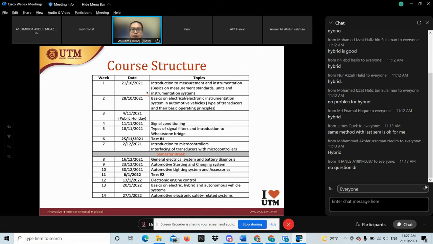As you can see, the first half of the teaching will be more focused on the fundamentals. Basically, we look at the introduction to measurement and instrumentation, types of transducers and their basic operating principles, then signal conditioning, signal filters, the Wheatstone bridge, and then an introduction to microcontrollers.